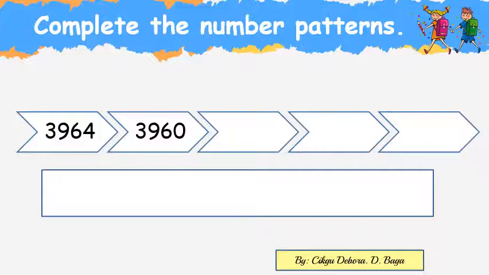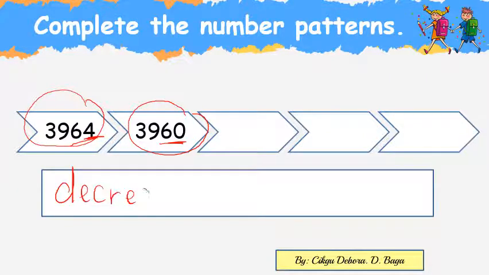Okay, we move to the next example. As we can see here, the first number is 3964, followed by 3900. As we can see here, the number is also decreasing, from 64 to 60, right? So we know the number is decreasing.